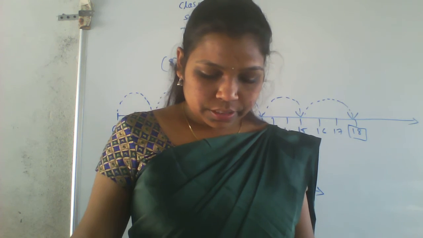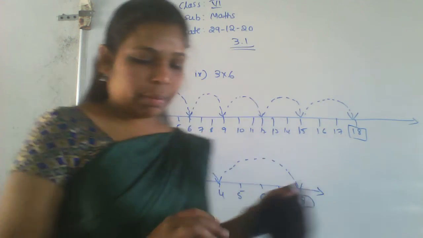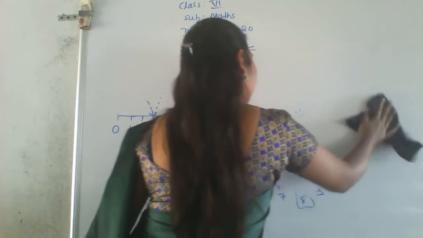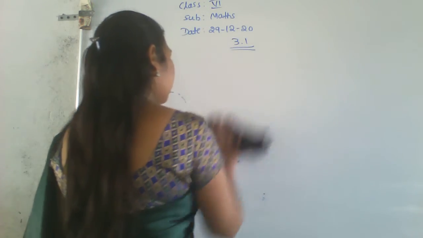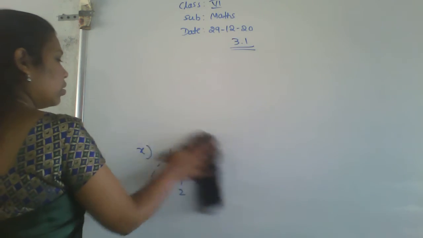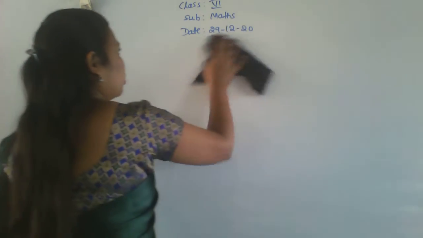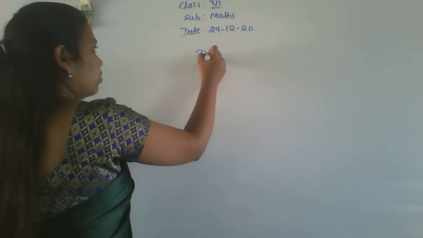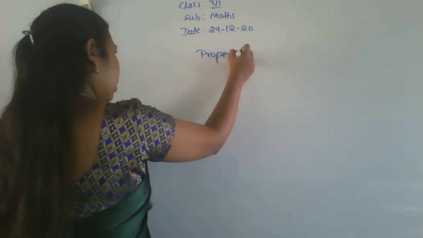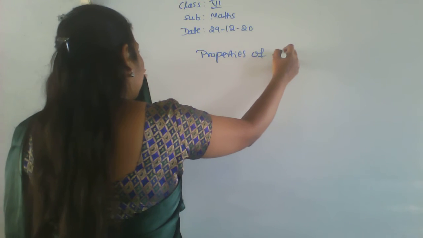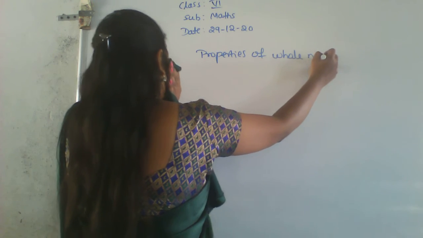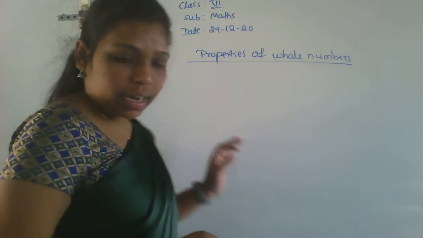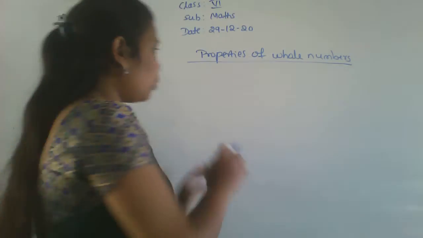Okay, so start with the properties of whole numbers. In that, the first one is the closure property.